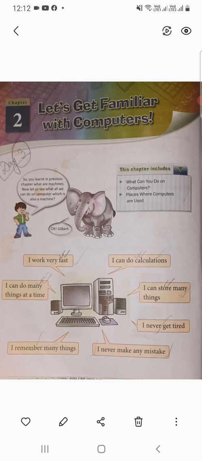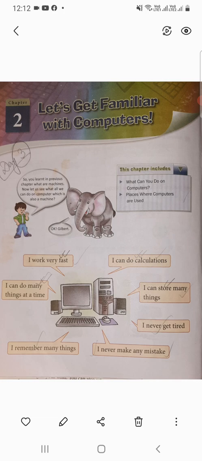As a computer is a machine, it can do some work at the same time. We can listen to songs, we can type messages, we can watch a movie, we can play a game, so many things at a time.